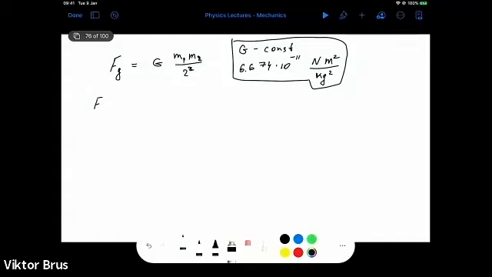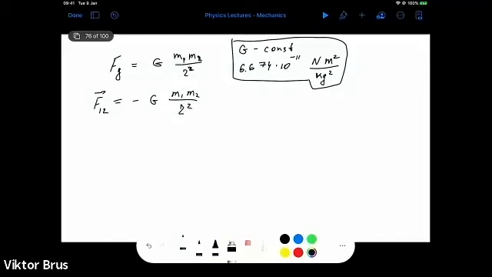Then the force exerted on body 2 from the side of body 1 will be F12 vector, equal to minus capital G, product of M1 M2 divided by R squared.